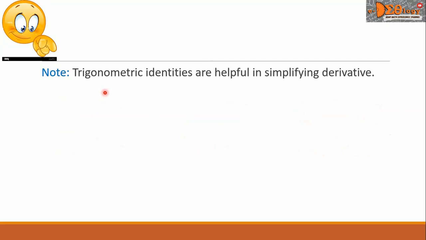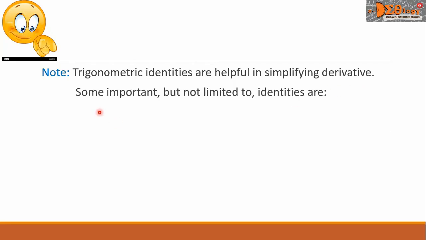Take note that trigonometric identities are helpful in simplifying derivatives. Some important, but not limited to, identities are: tangent x equals the fraction sine x over cosine x.